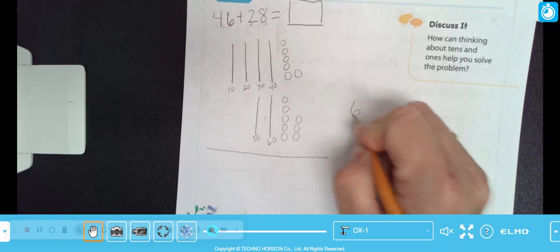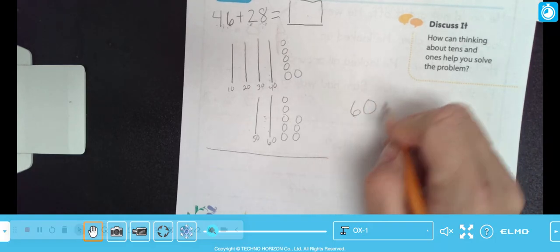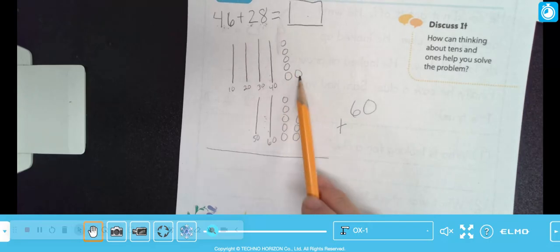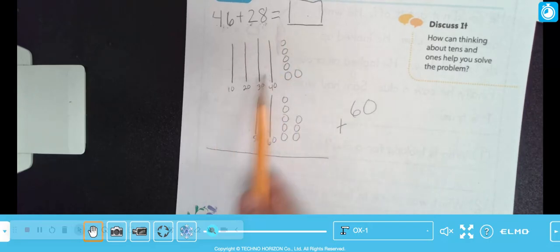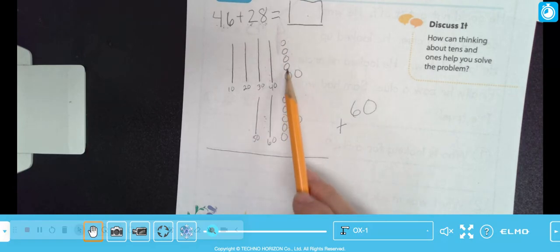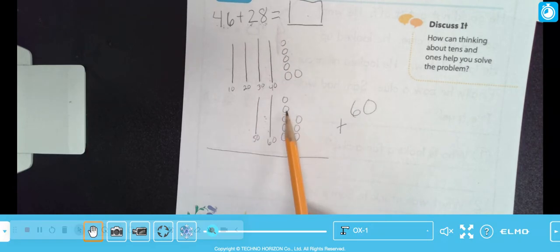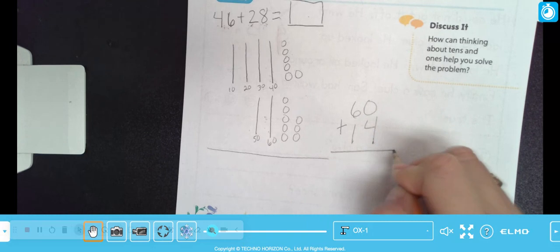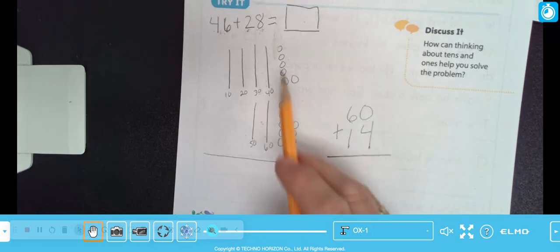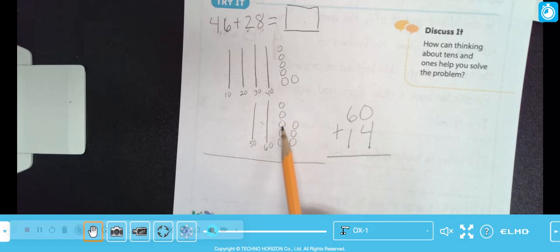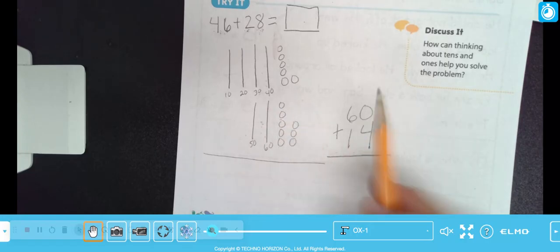So I'm going to put 60 plus, and let's count up all the ones now. We finished with the tens, now the ones. 1, 2, 3, 4, 5, 6, 7, 8, 9, 10, 11, 12, 13, 14. Plus 14. So you see how I got 14?